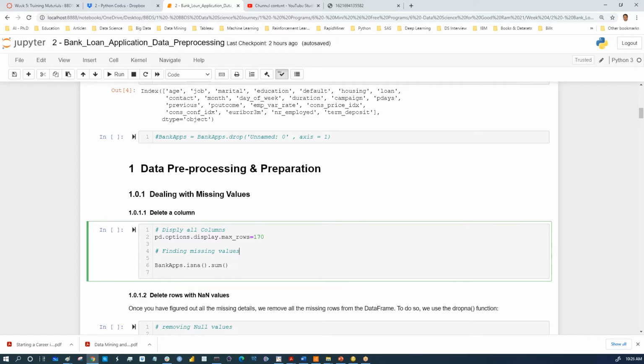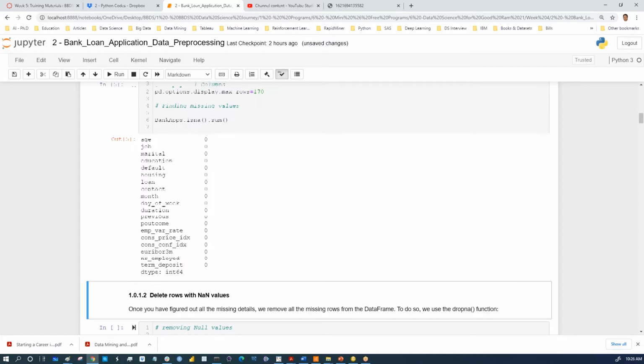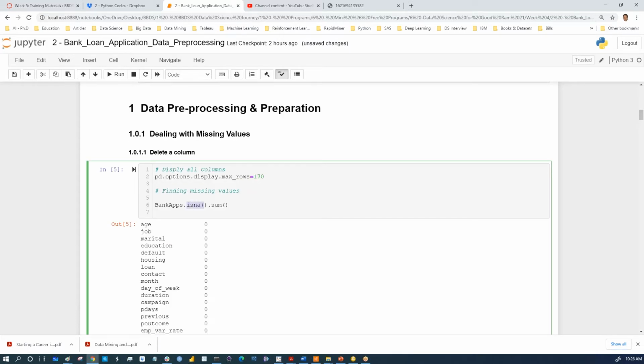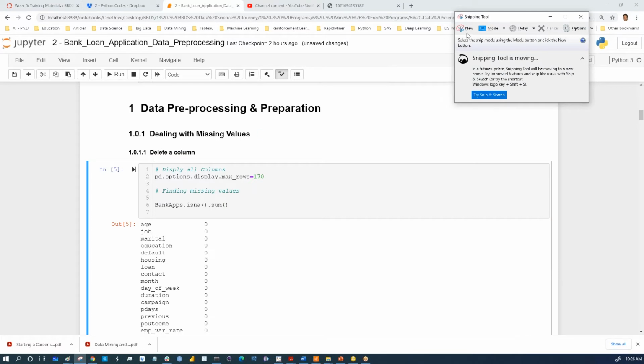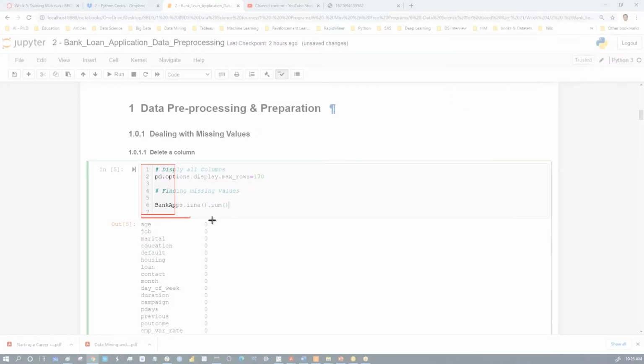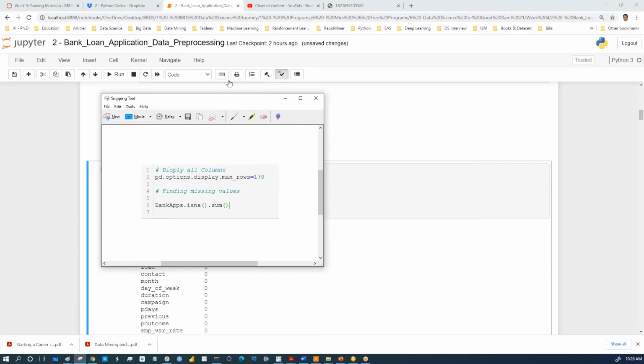The first thing we have to do here is check the missing values using isna. As I mentioned yesterday, isna only detects null and empty cells. Unfortunately, it will not detect other types of missing values.